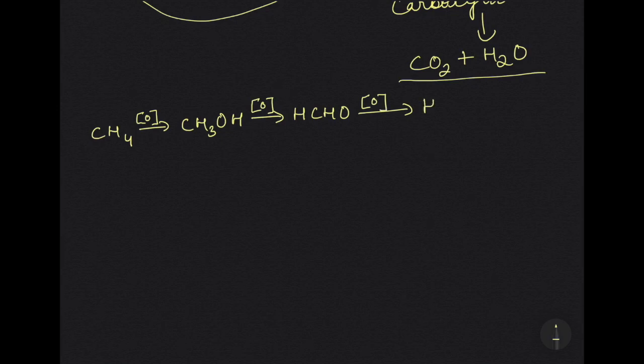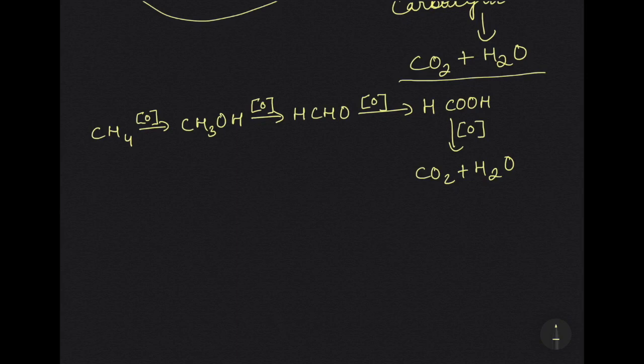It will turn into formic acid, which will further be oxidized into carbon dioxide and water. So this is slow combustion. Other alkanes also form similar products when they react with an oxidizing agent.